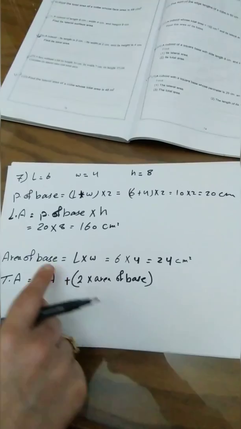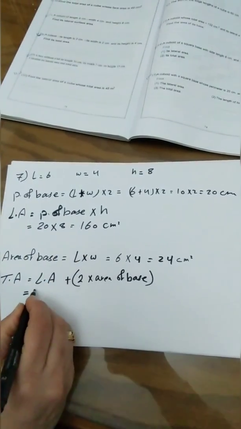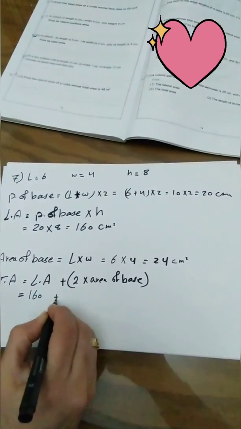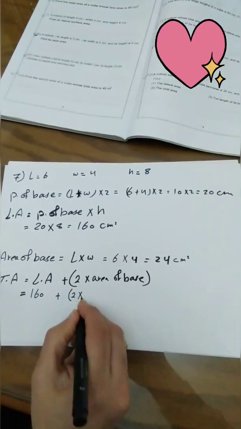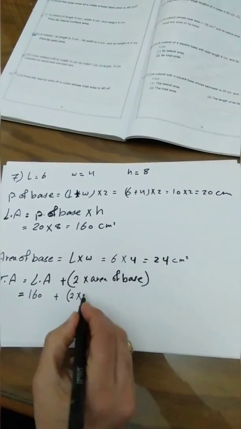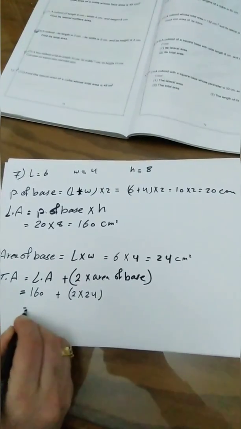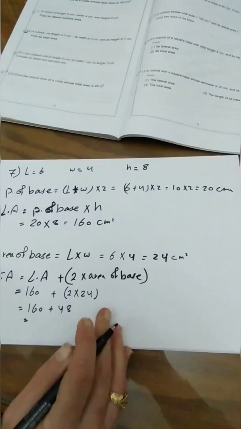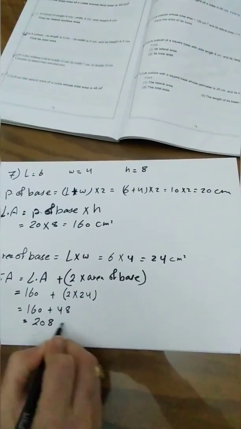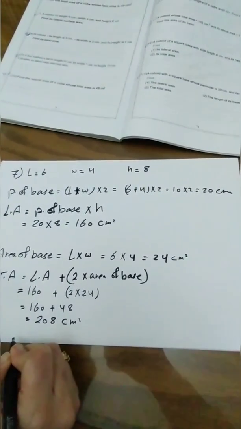Lateral area, I have it here, 160, plus 2 open bracket 2 multiplied by area of base 24, equal 160 plus 48 equal 208 centimeter square. Okay.